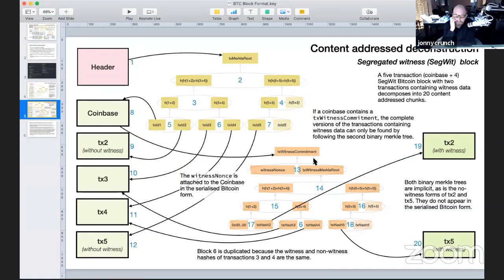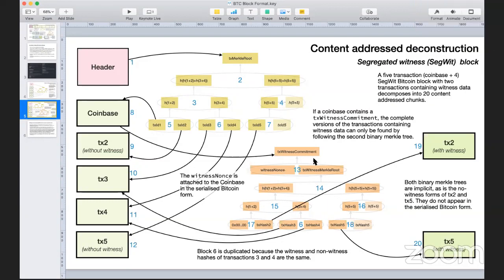Cool. But wait, the block height's not baked into the blocks, right? Is this one of the reasons why, in reality, you still have to clone the entire Bitcoin chain in order to reason about it? Is this why? Yes.